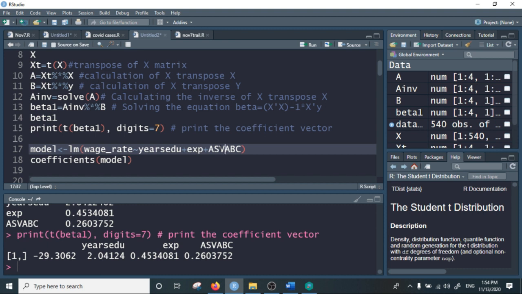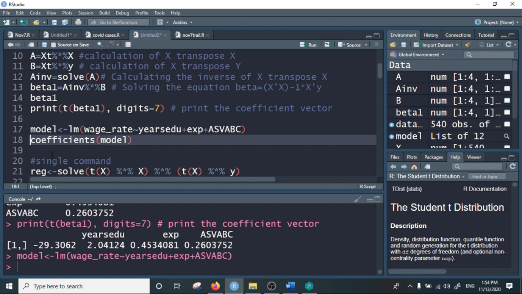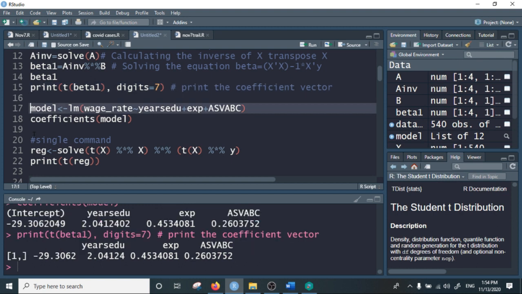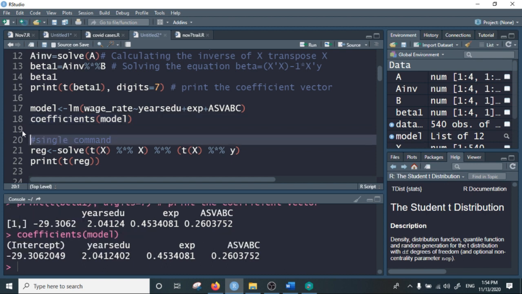I run this model and ask R to show the coefficients of the regression model. Again, I first print the beta that I estimated manually, and then I ask R to print the coefficients of the model which have been estimated by the inbuilt lm function.